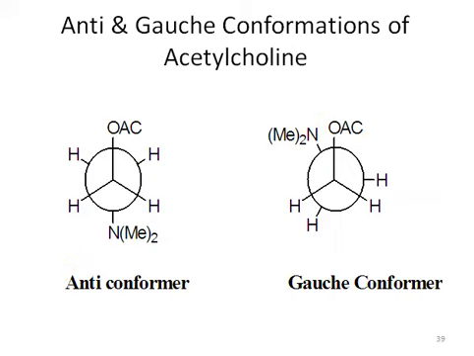The difference in arrangement, the difference in conformation, results in binding with two different receptors. Because the receptors are responsible for different biological activity, when these two groups bind with different receptors, both of these conformers will result in different biological activity.